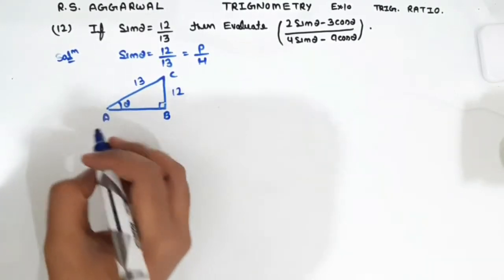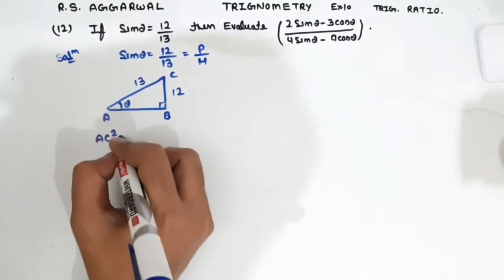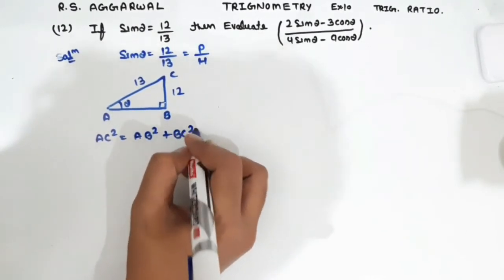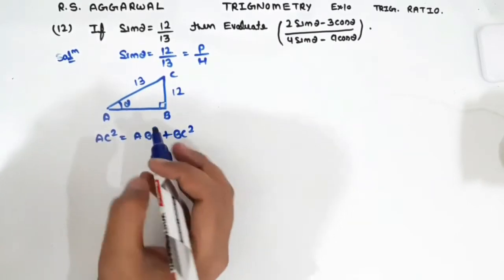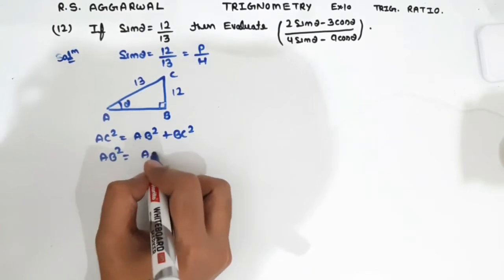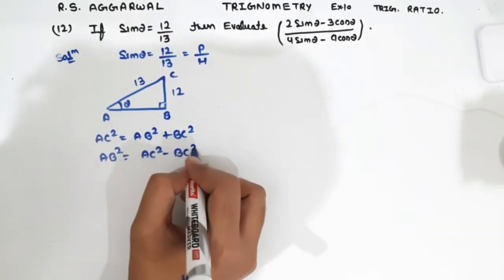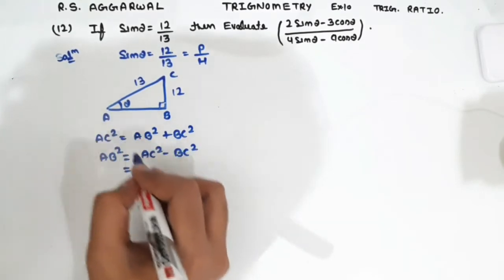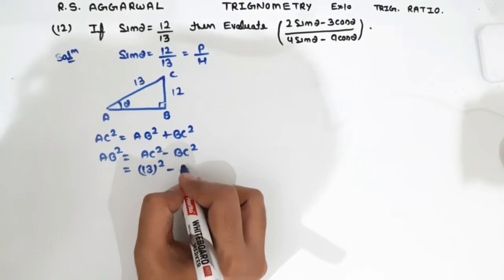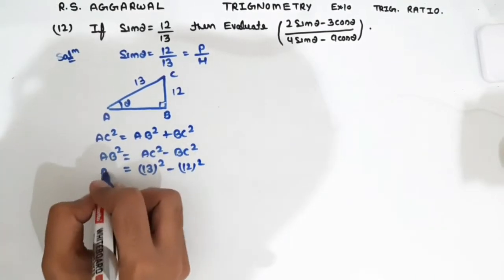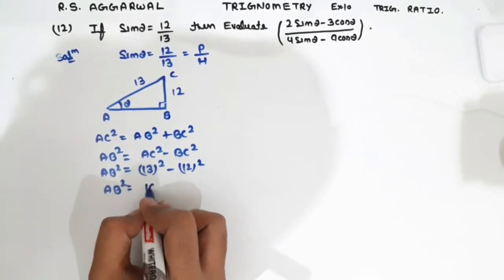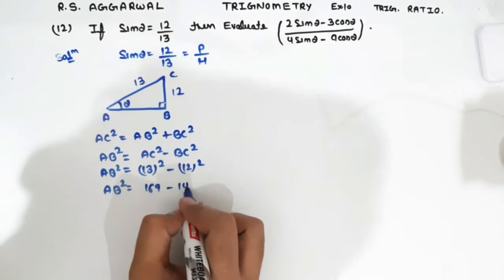So in right angle triangle we know that AC square will be equal to AB square plus BC square. So we have to find AB. So from here AB square will be AC square minus BC square. So AC is 13 square minus BC is 12, so 12 square equals AB square. So AB square will be 13 square, that is 169, minus 12 square, that is 144.